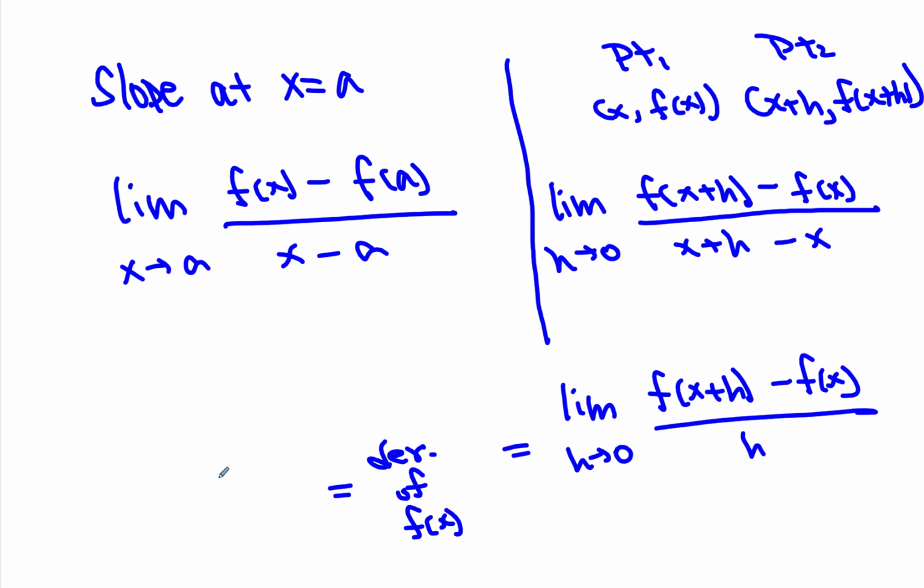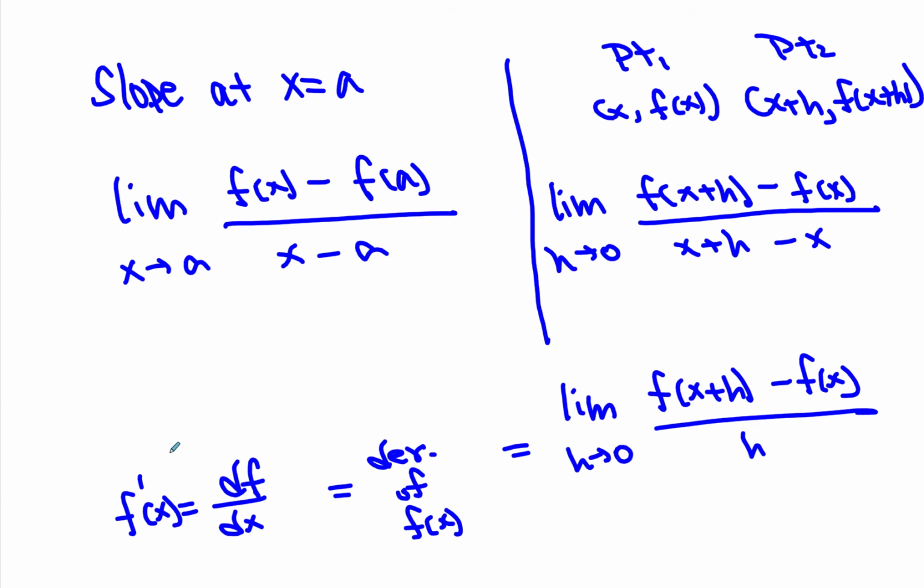Sometimes we use symbol df over dx, the change delta f over delta x, change of y over change of x, same idea, right? Or we can write it as f prime of x. Alrighty.